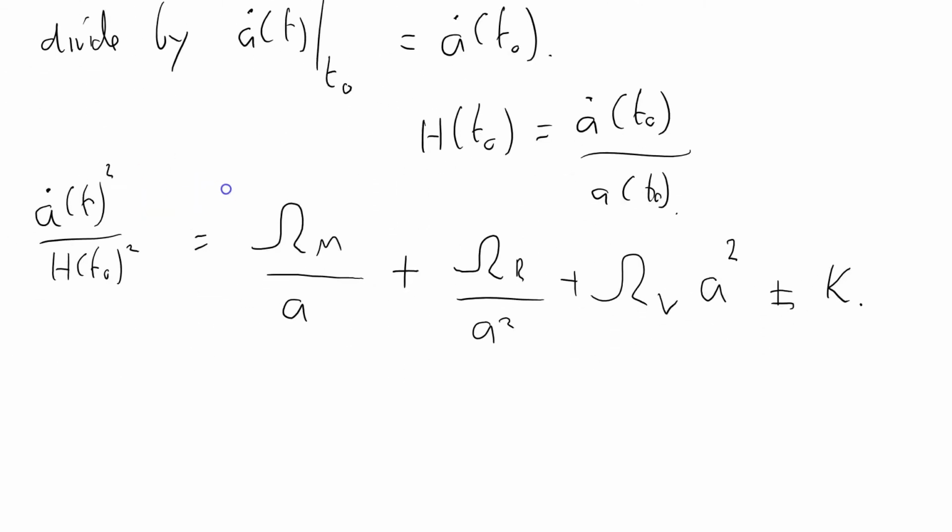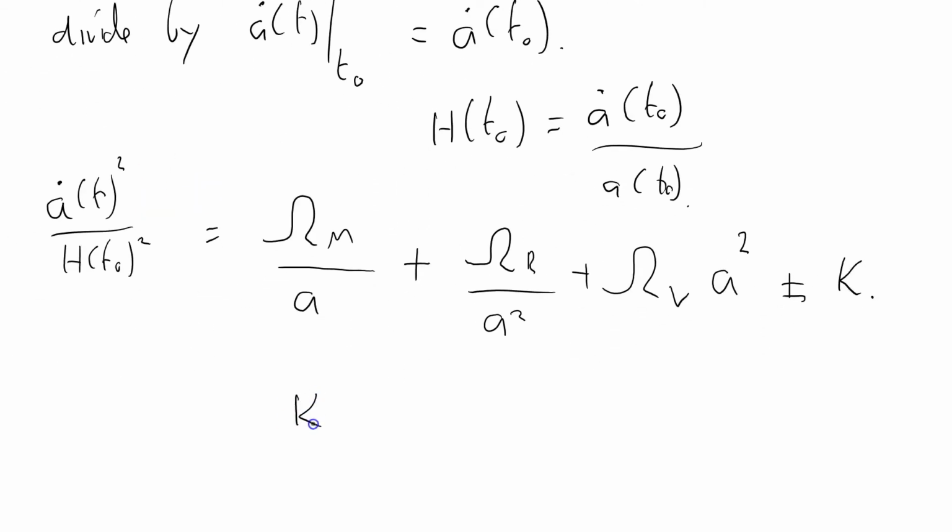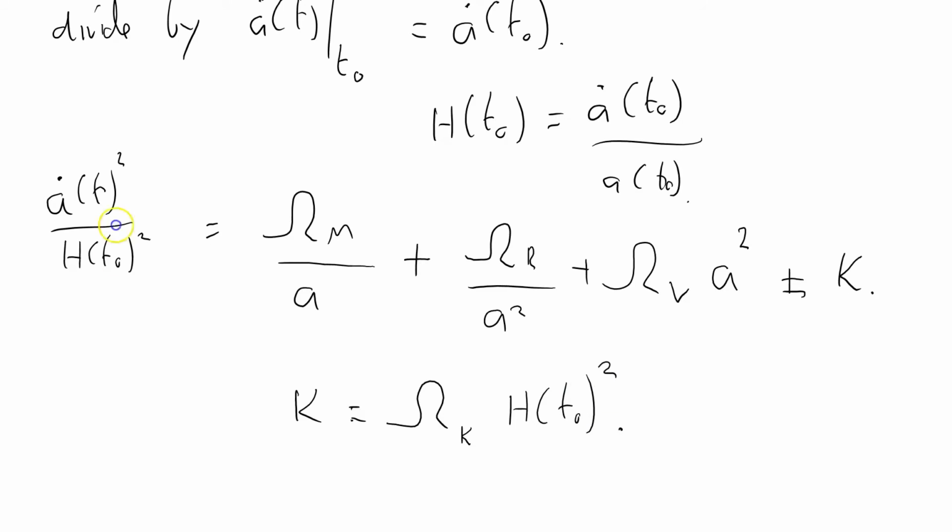And I'm going to rewrite the final term there, k, I'm going to write as Ω_k multiplied by H(t0) squared, just a notational convenience.